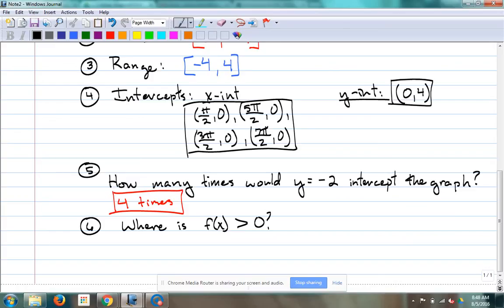Which one is it? Y. Why is it y and not x? Because f of x is y. So it's asking, when are the y values greater than 0? Where are y values greater than 0 on the graph? Up at the top, above what? Above the x-axis, right? So anywhere the y's are positive, that's what we're looking for.